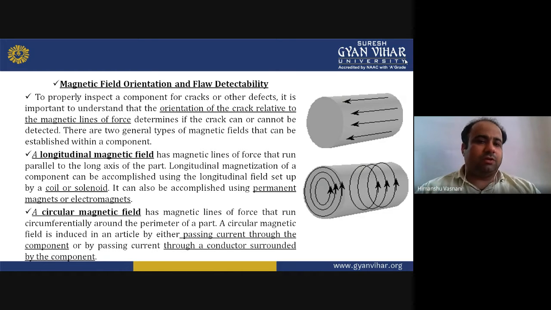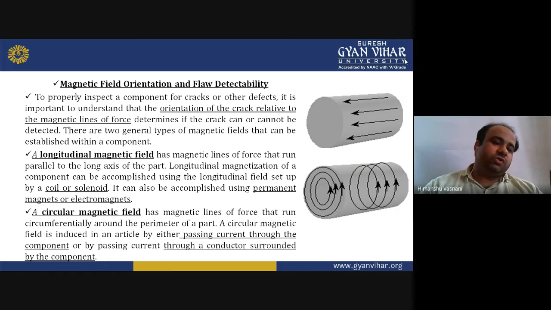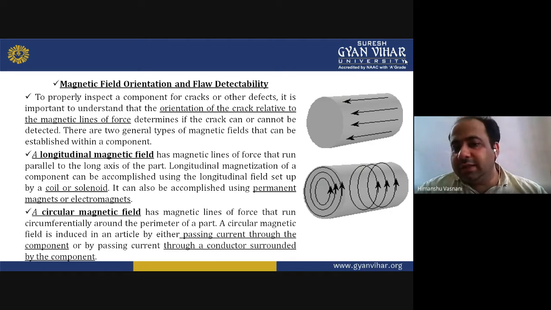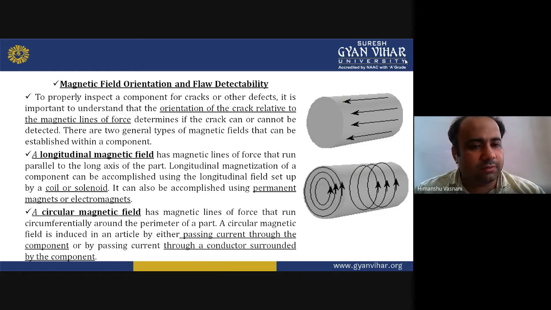Longitudinal magnetization of a component can be accomplished using a longitudinal field set up by a coil or a solenoid, or using permanent magnets or electromagnets. So here you can establish a longitudinal field with the help of a coil or solenoid, because in this case the magnetic lines of force run parallel to the long axis of the part.